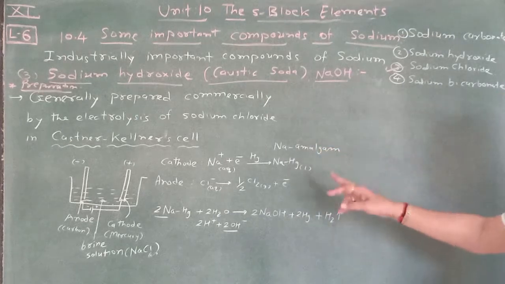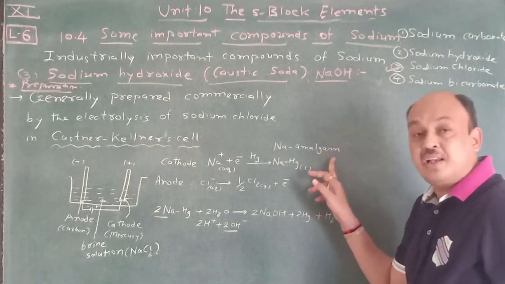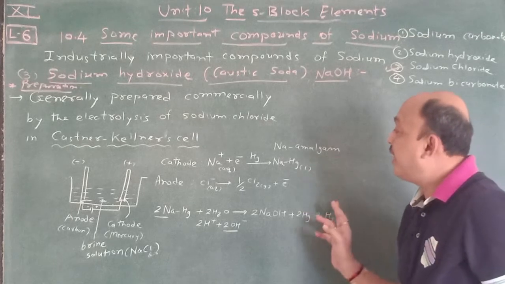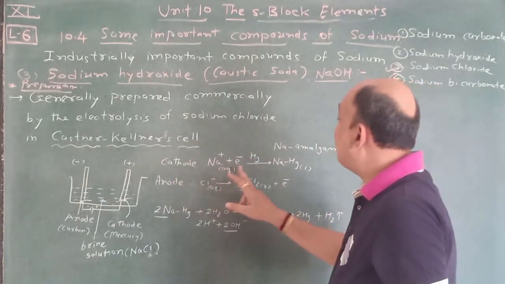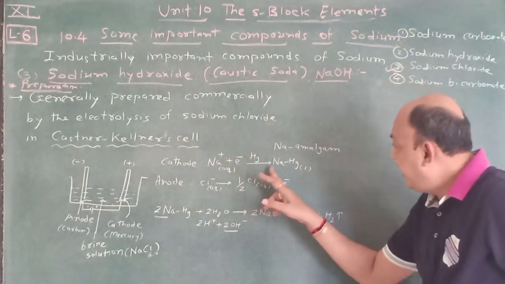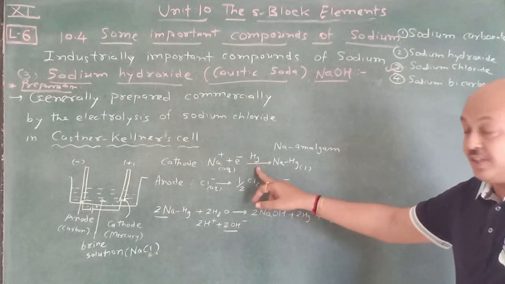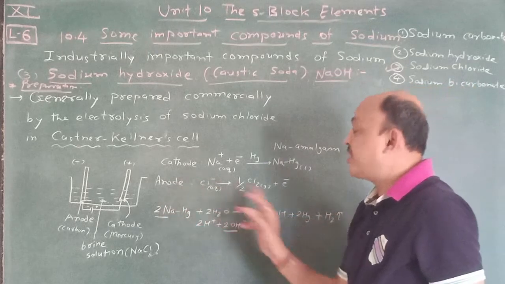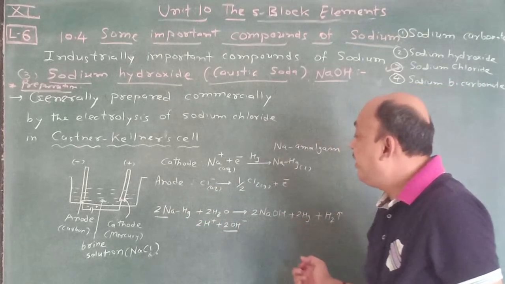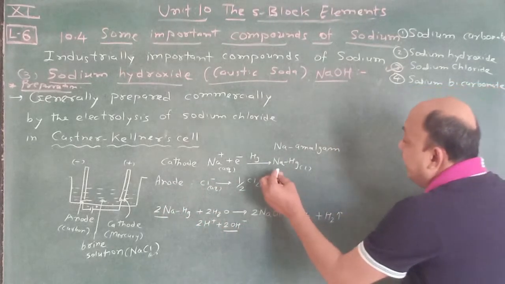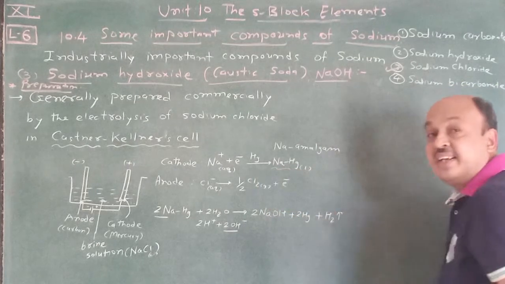Amalgam means Hg must be present. So at the cathode Na plus plus electron gives NaHg. Reduction occurs at the cathode and oxidation occurs at the anode.